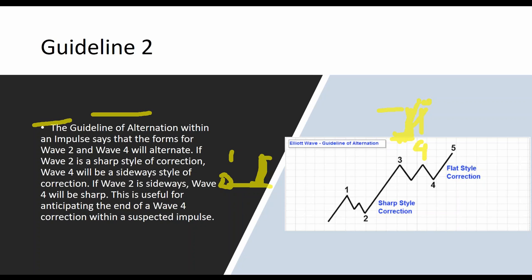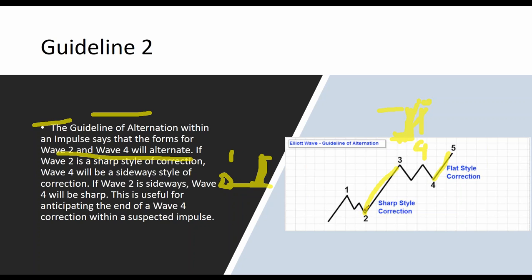It is useful in anticipating the end of wave 4 correction within a suspected impulse. So in other words, if the move between here and here is a very sharp climb, you would expect an equally sharp climb here. Okay. So wave 2 and 4 will alternate.